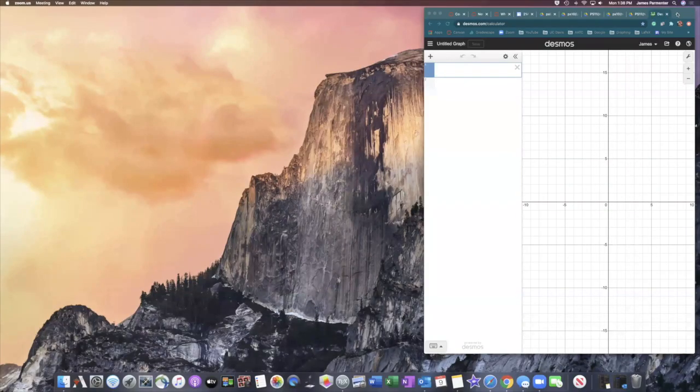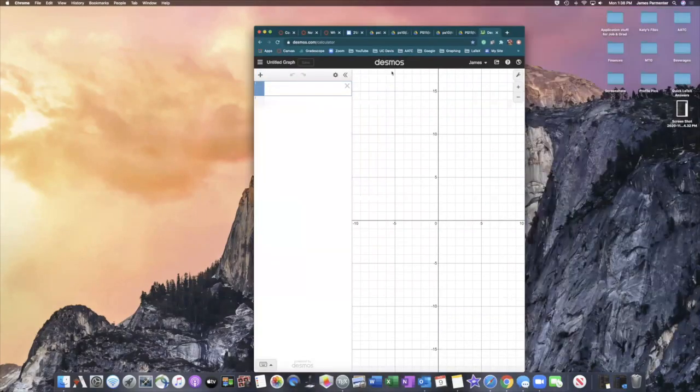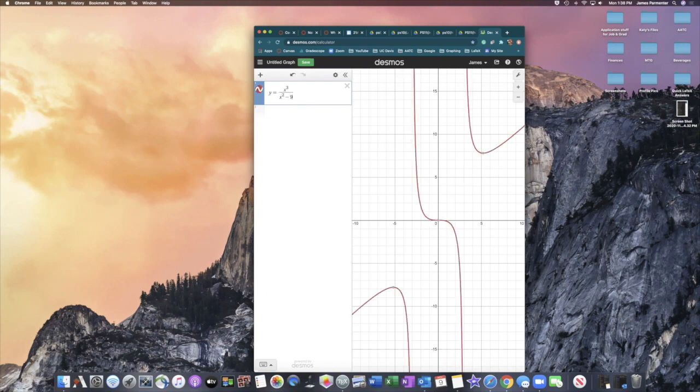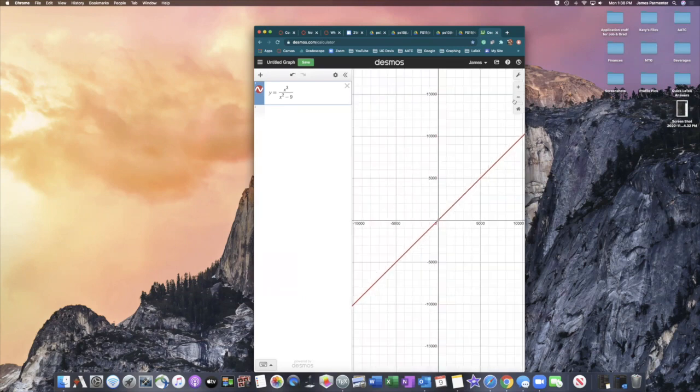So if we look at this real quickly here for just one second, here's the graph of x cubed over x squared minus 9. And if you zoom way out, it just looks like the line y equals x. Right?